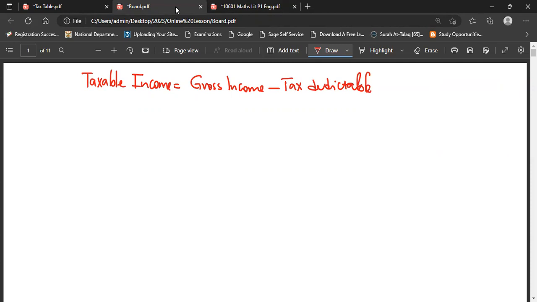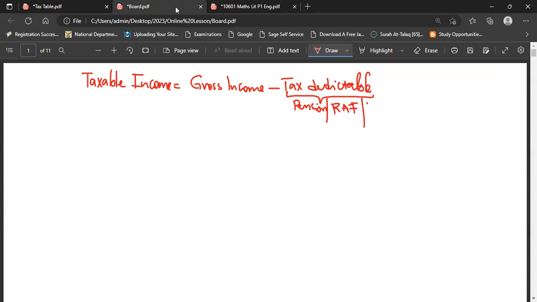Non-taxable income will include your pension. If one pays pension, we subtract it from the gross. If one pays road accident fund, we also subtract it.